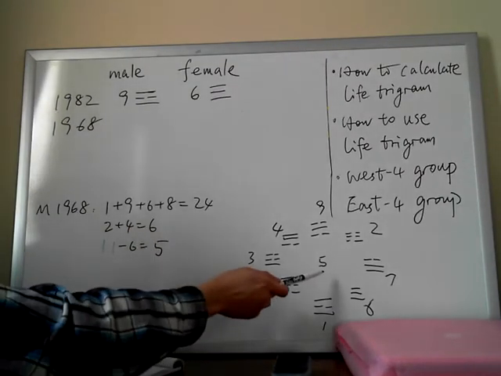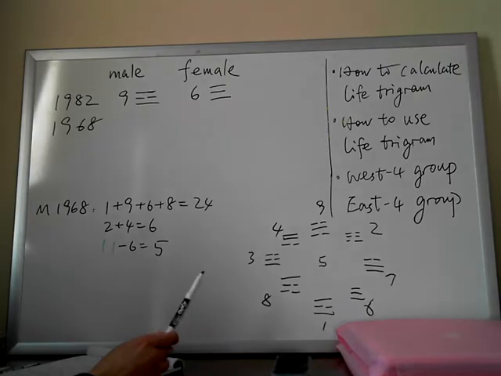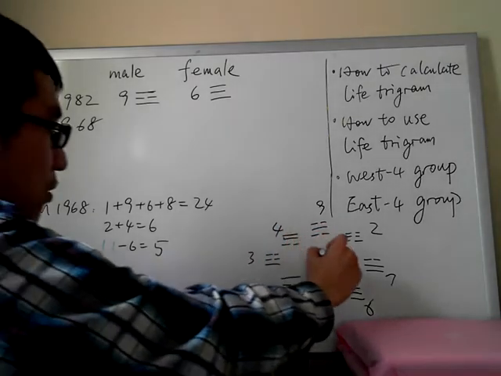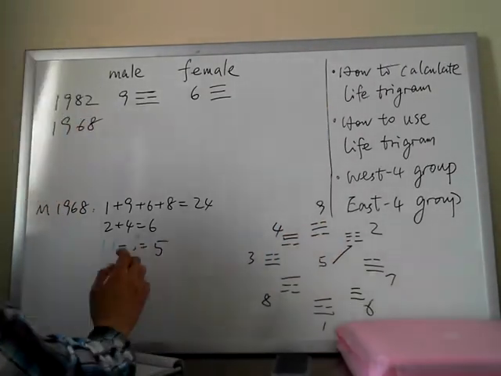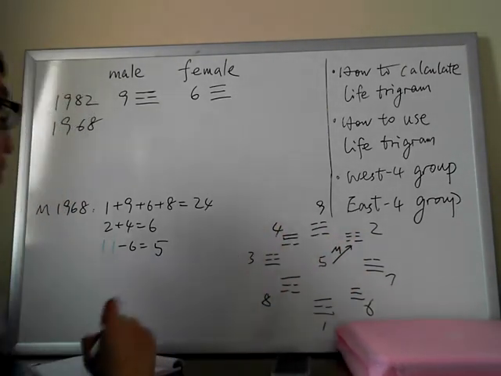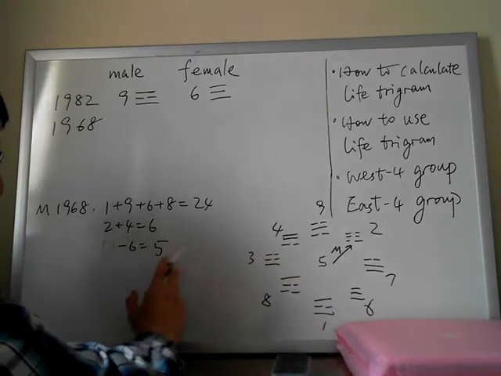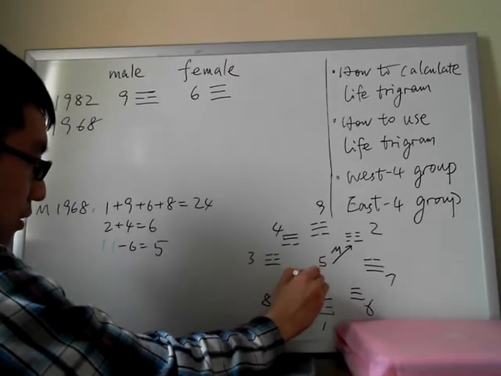Now 5. There's no trigram associated with 5. So another rule about the life trigram is for a male, if you get 5, we use 2 instead. And if it's a female, if the result is 5, we use 8.